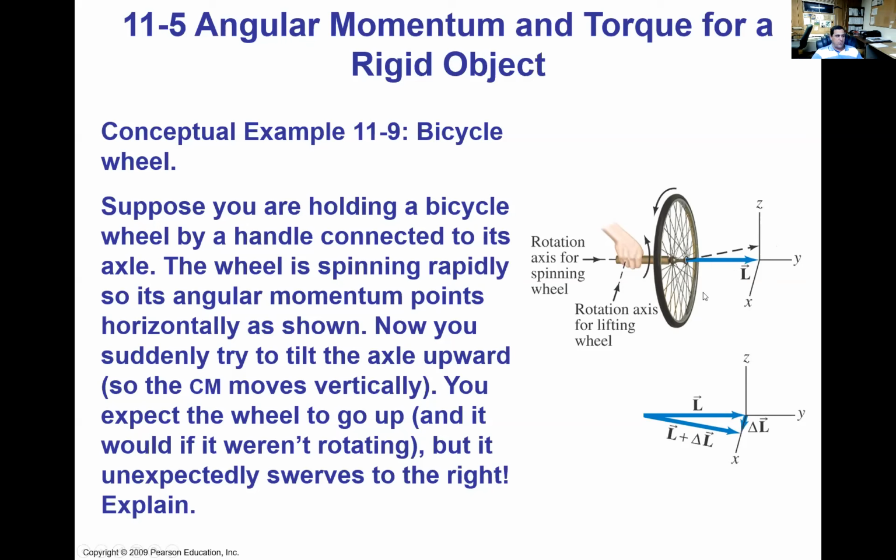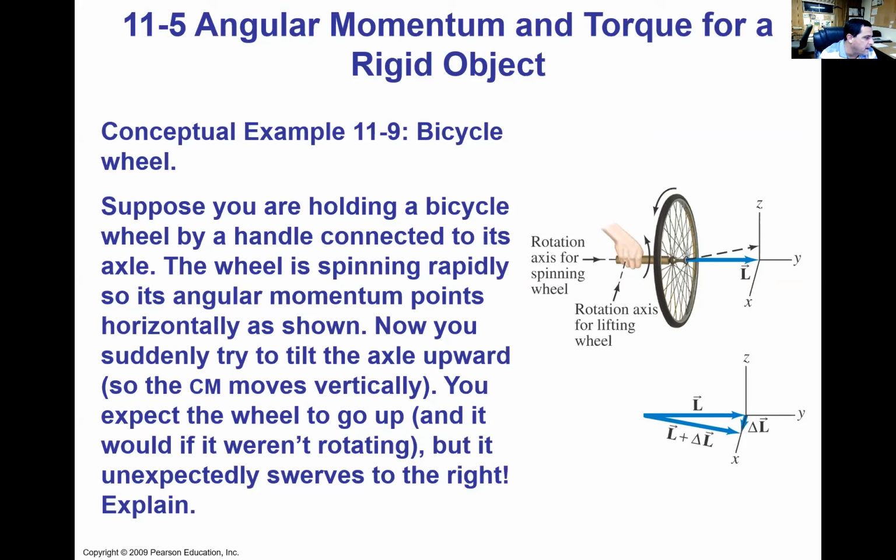You would kind of expect the wheel to go up if the wheel wasn't rotating, but that wheel is rotating. So if you try and lift it up, it's going to swerve to the right instead of going up. Well, why does that happen? What you're trying to do is change the angular momentum vector in its direction, not its magnitude, right?